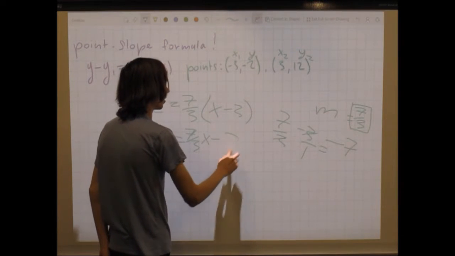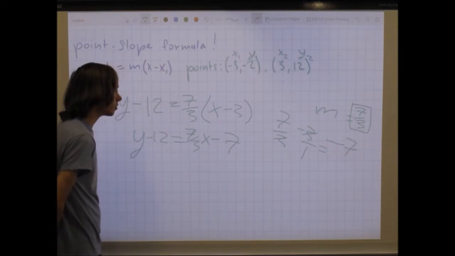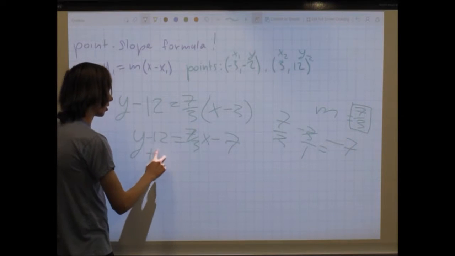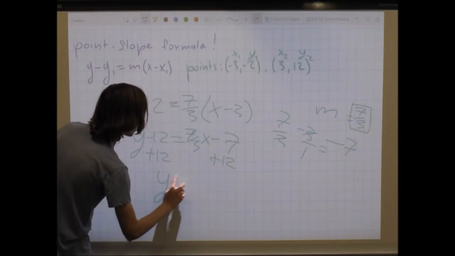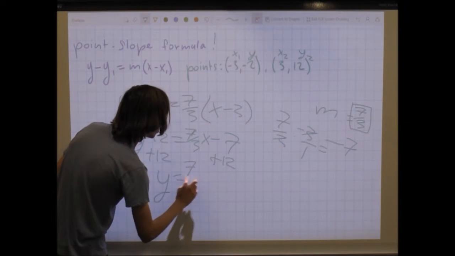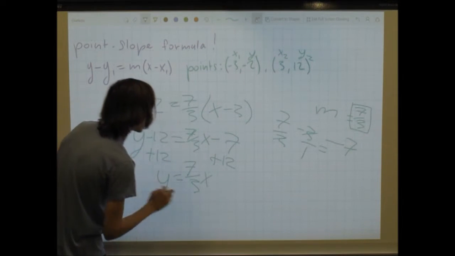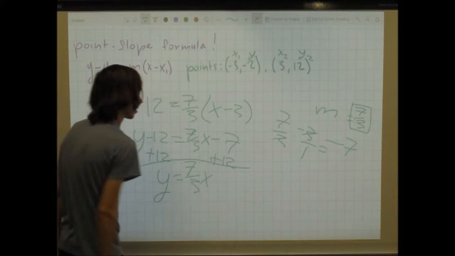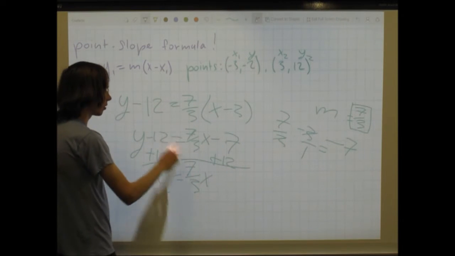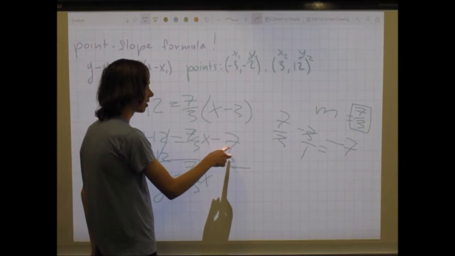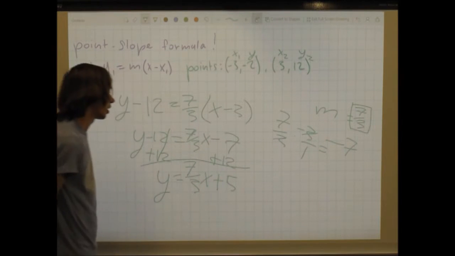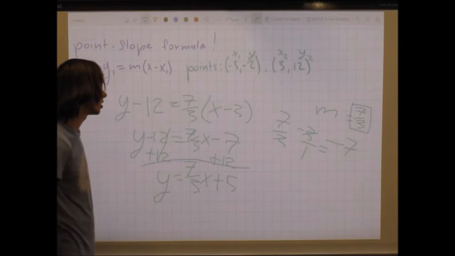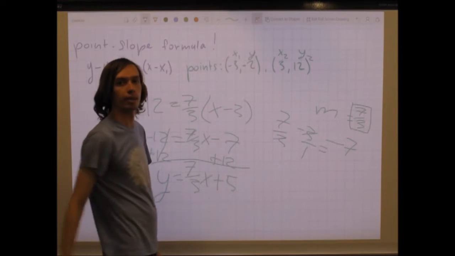So we'll have -7 this time. And then we'll add 12 on both sides, and we get y equals 7/3 x, and then -7 plus 12 is going to be plus 5. And that's what we got last time. So really, it doesn't matter which point you use, they both give the same answer.